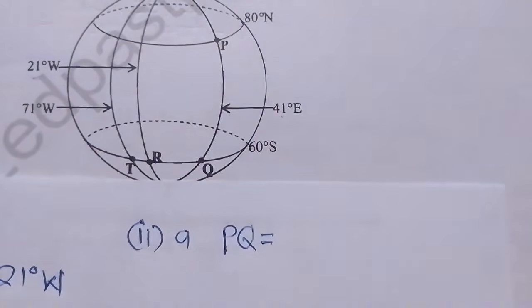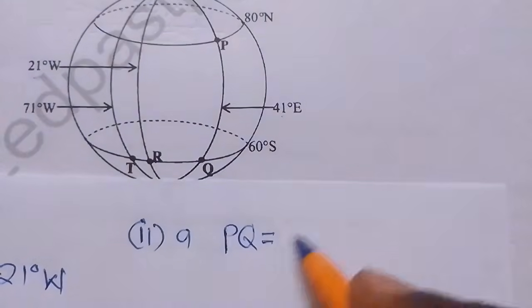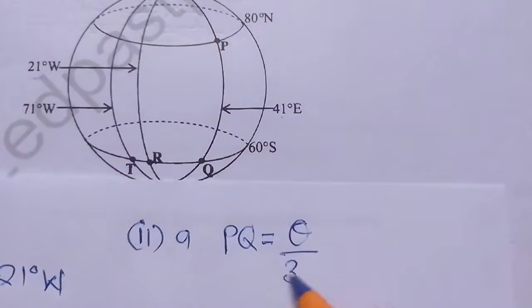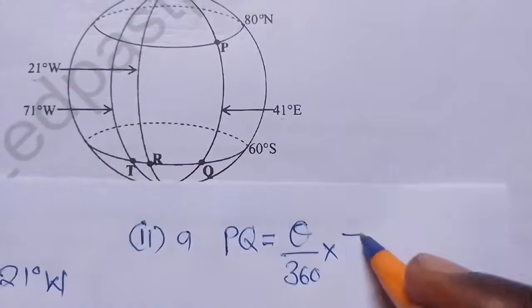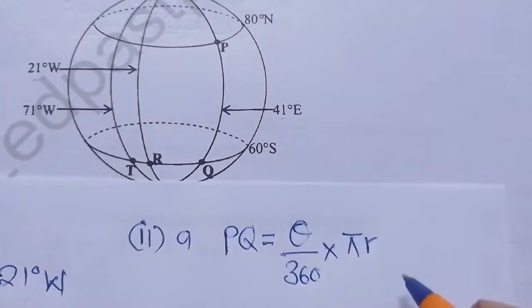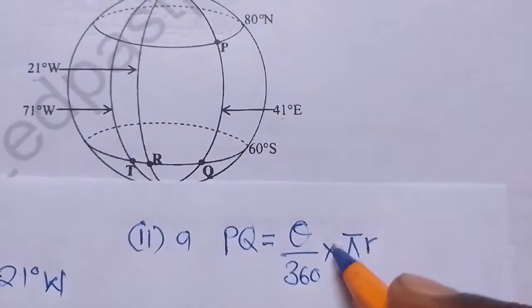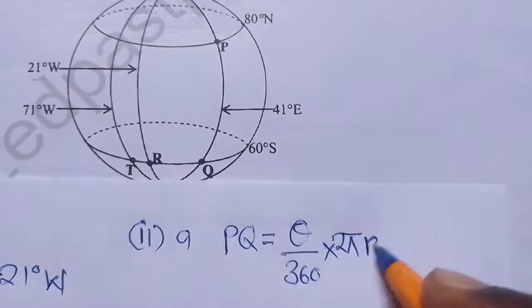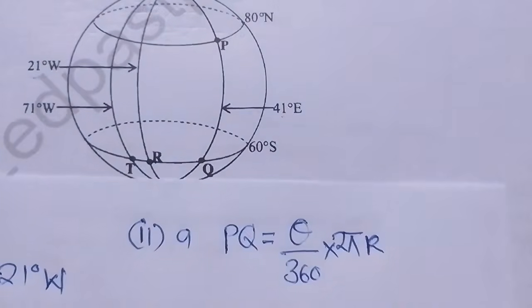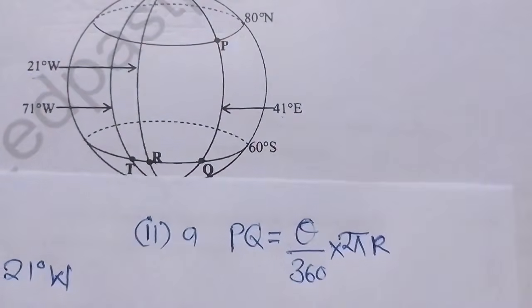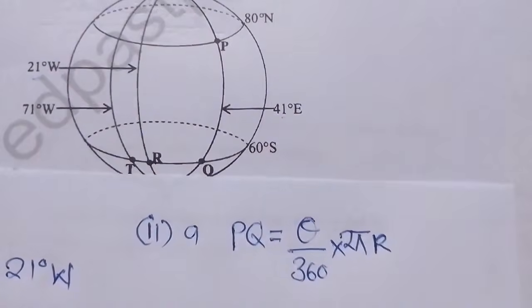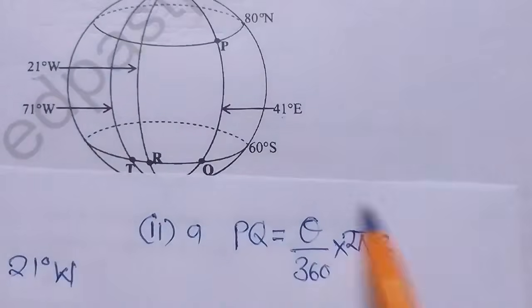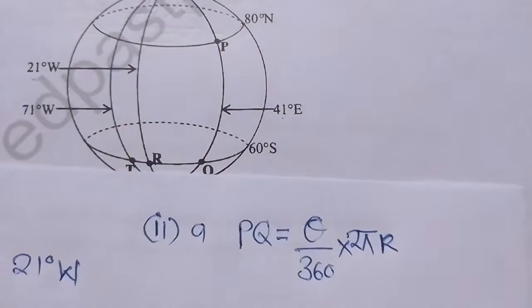It is theta over 360 times 2 pi r. This is the formula that you are going to use whenever we are calculating the distance along the longitude.